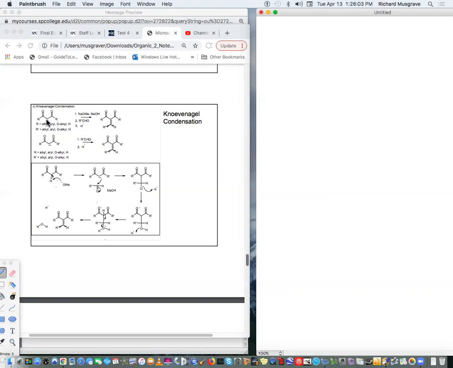So we know this is going to be the one supplying the alpha hydrogens because these are super acidic for the reasons that we discussed earlier.